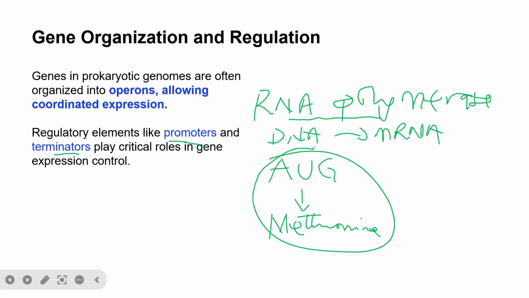We have two ways where the RNA synthesis will be terminated: rho-dependent termination and rho-independent termination.